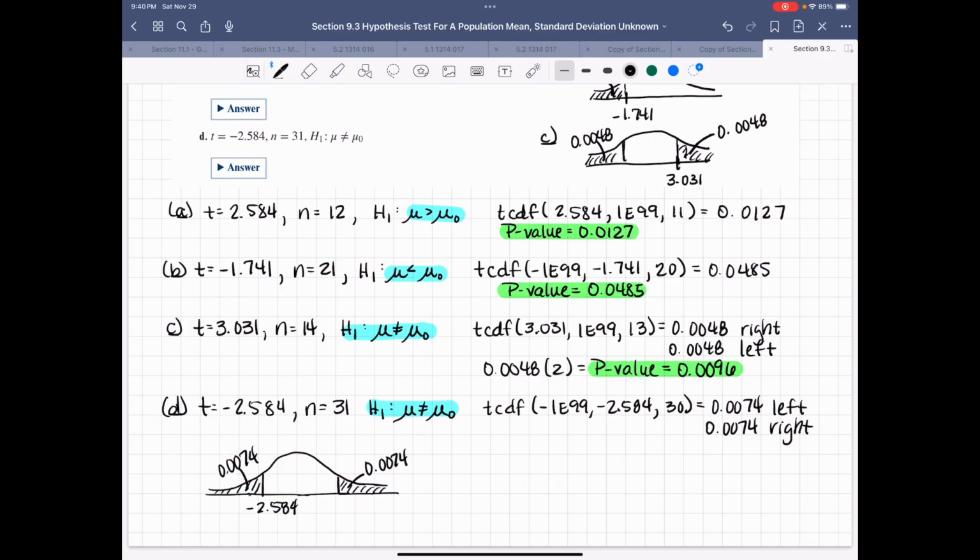Okay, so we have both of those. So times 2 there is going to equal my p-value, and that will equal 0.0148 as my p-value.